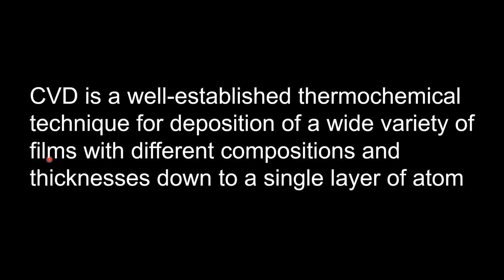So basically with this technique we can produce a wide range of different types of thin films lying in the category of ultra thin films, normal thin films, and thicker films in the range of micrometers. With this technique, different types of compositions of thin films may be prepared.